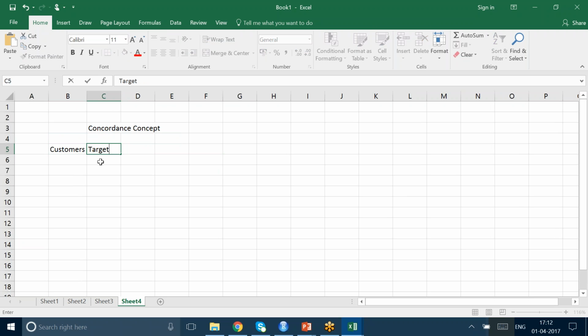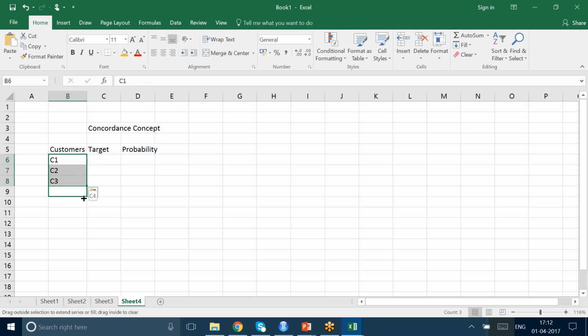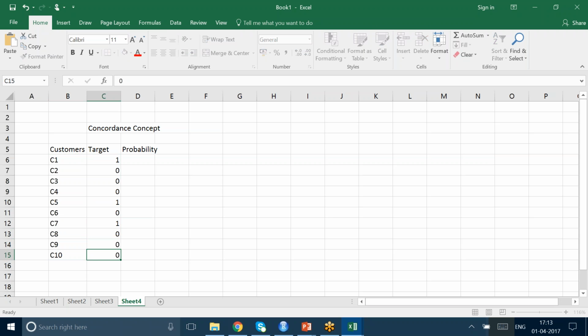And this is the target, and this is the probability which the model has assigned. So this is C1, C2, C3. And these are some probabilities which the model has assigned.